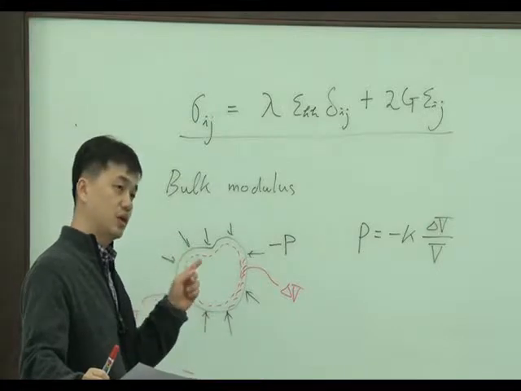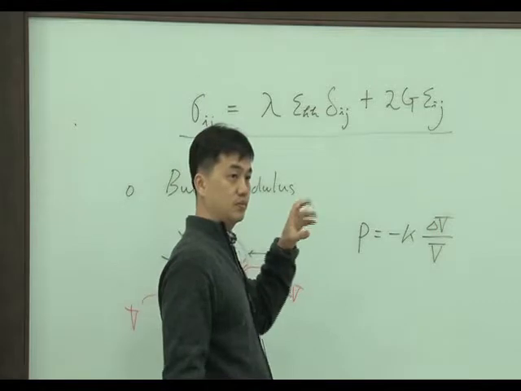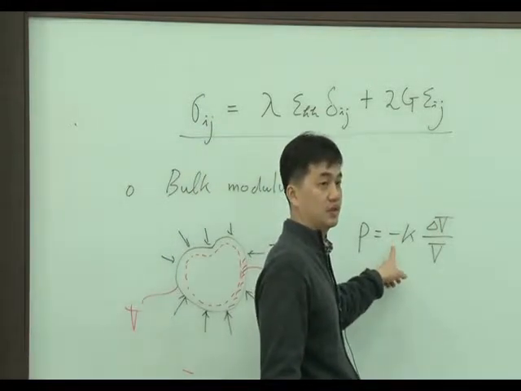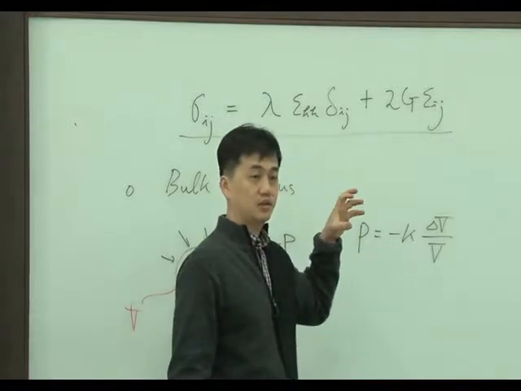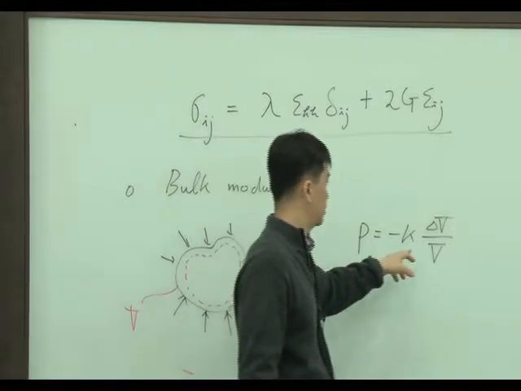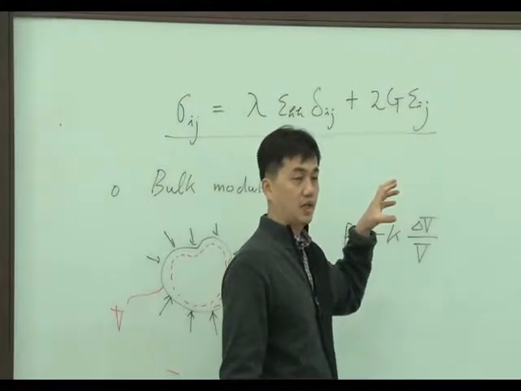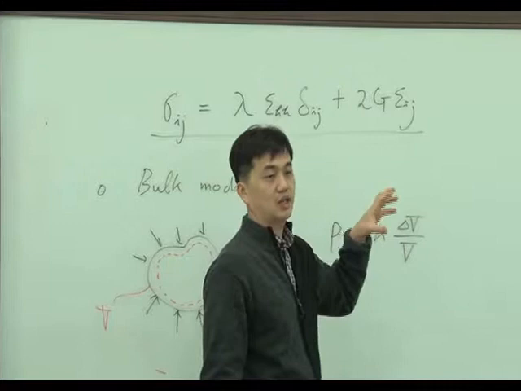So pressure increases, so volume decreases. So it means here we have a minus. This minus pressure means compression. Compression pressure results in delta V becoming negative, meaning volume is changed in the negative direction.